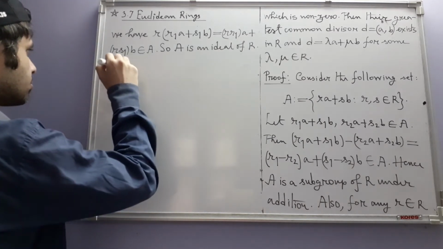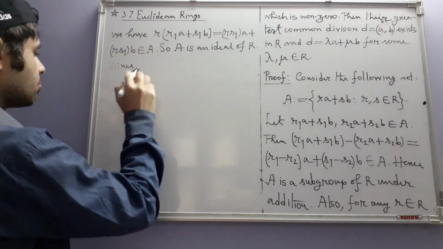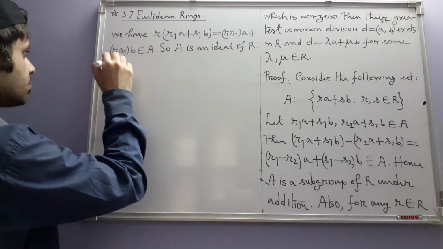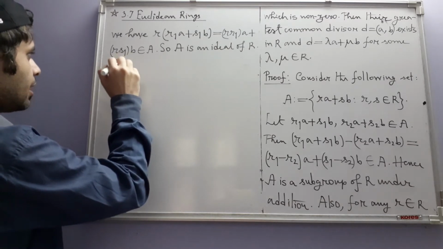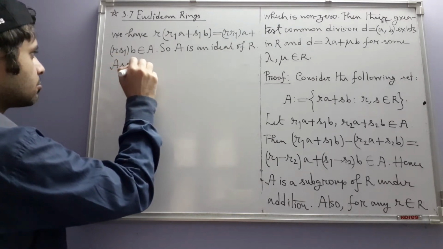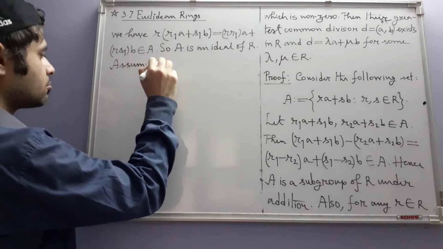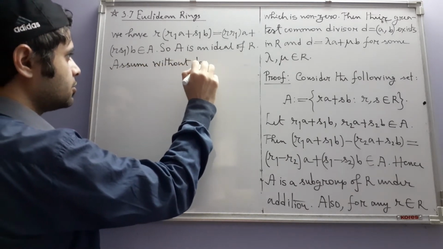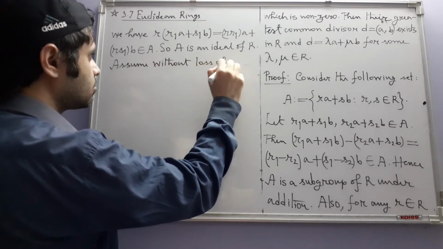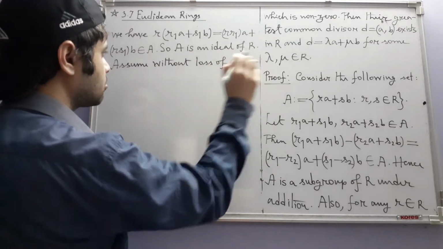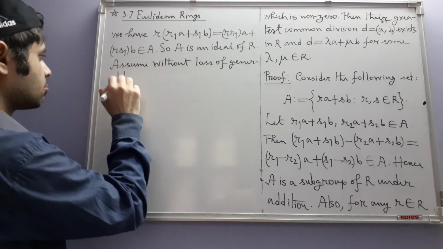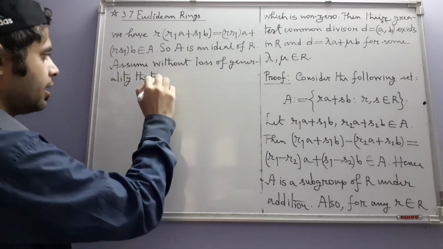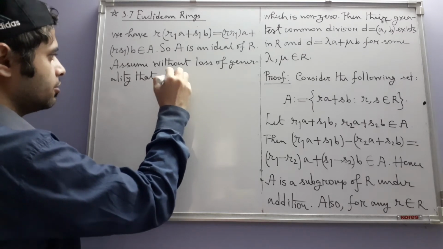Since it's already given, assume without loss of generality that among A and B, A is non-zero.